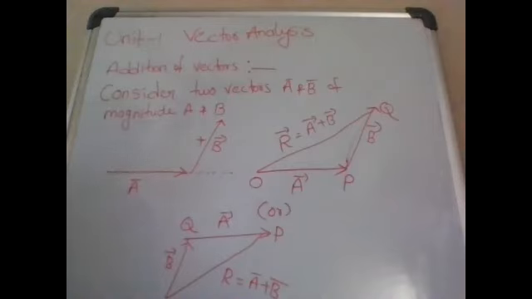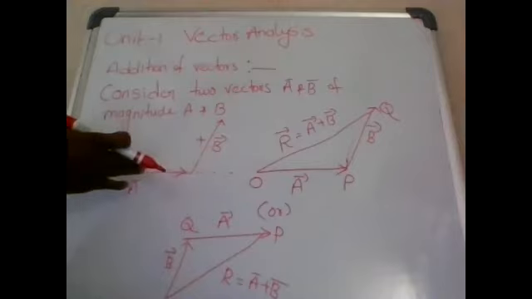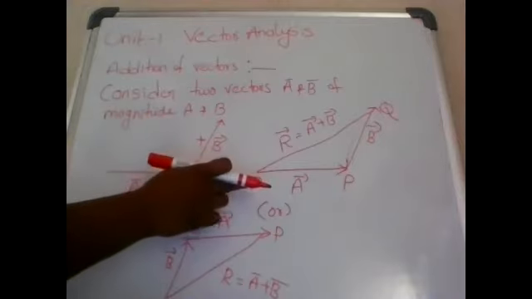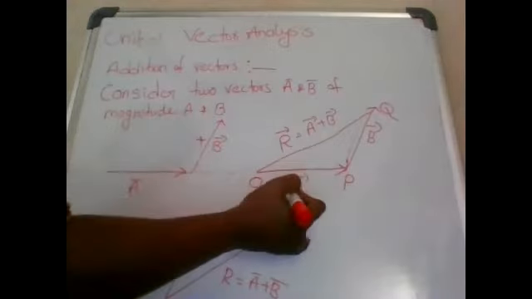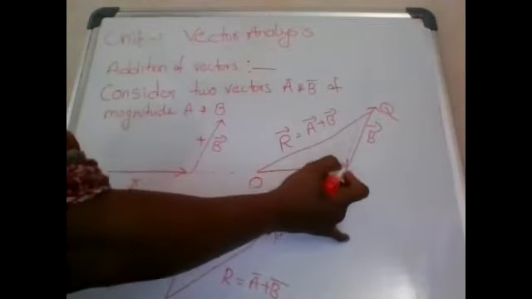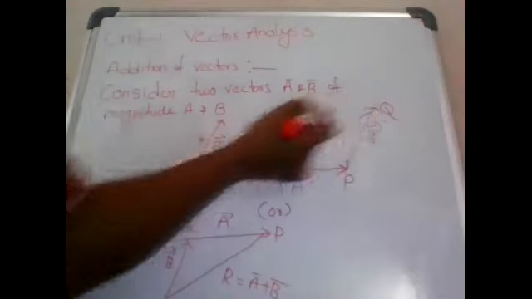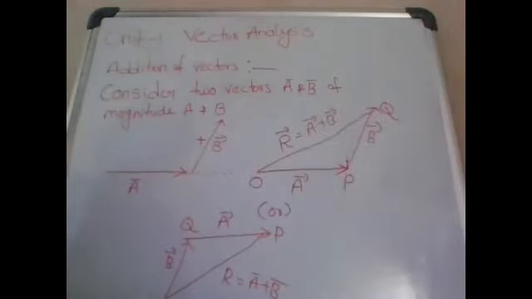In this we are considering two vectors A and B of magnitudes A and B. In this addition, first draw the line OP. That line represents the vector A of magnitude A, and from the head of this line we draw the B vector.